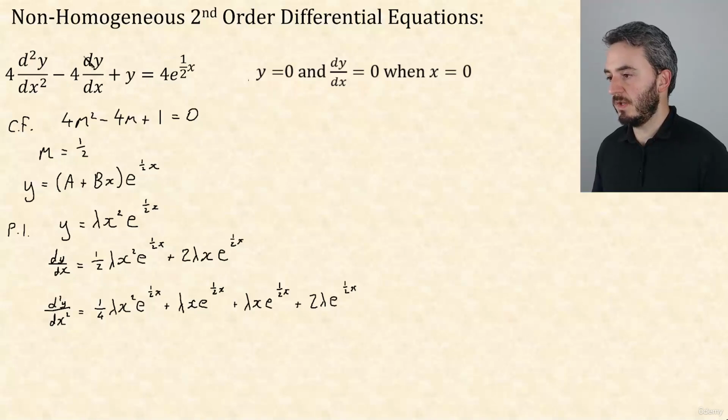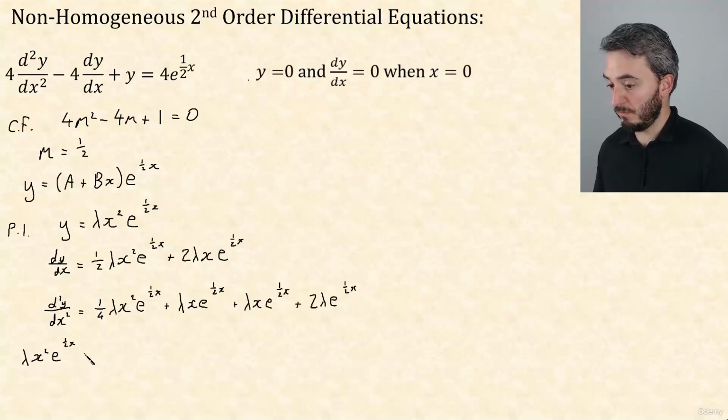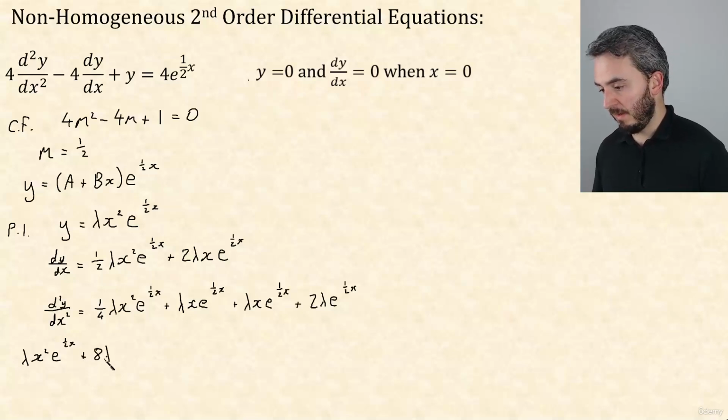Now, subbing into the original differential equation, we've got 4 d2y by dx squared, so 4 times that, so lambda x squared e to the half x. Now, I've already got 2 lambda x e to the half x, so I've got 4 of those, so that is 8 lambda x e to the half x. Now, 4 of these gives me 8 lambda e to the half x.